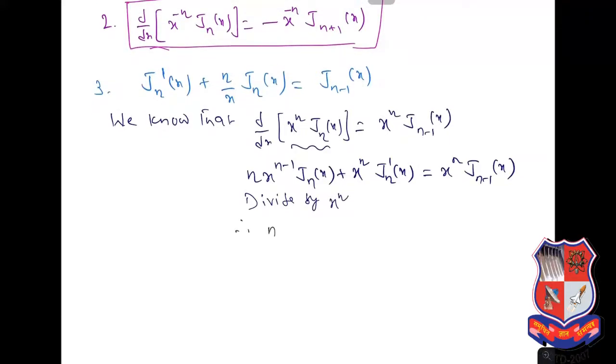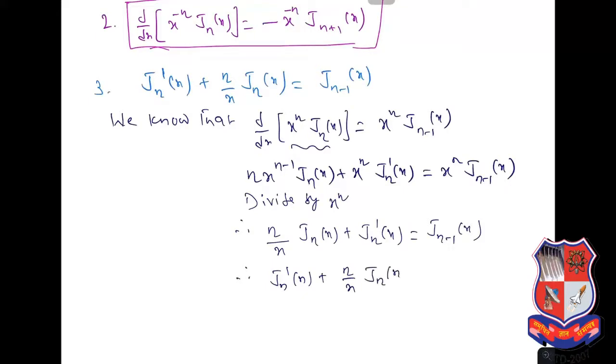So if we divide by x power n, this is n by x Jn x plus Jn dash x equal to Jn minus 1 x. So that's the result, that Jn dash x plus n by x Jn x equal to Jn minus 1 x. So this is our third property.